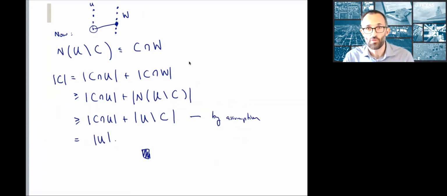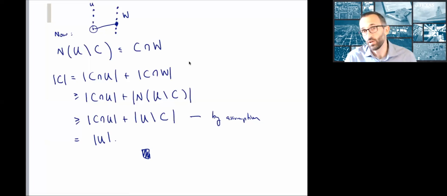So we've done three things in this lecture. First, we have a characterization of maximum size matchings. A matching is maximum if you can't find an M-augmenting path, and that's a characterization of maximum size.